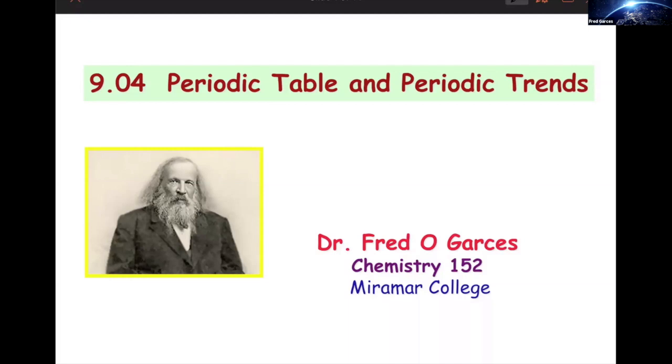Because they had very similar properties, he figured he could arrange them in a table. He arranged the elements based on their properties, and where there was no element that fit the pattern, he put a blank there.